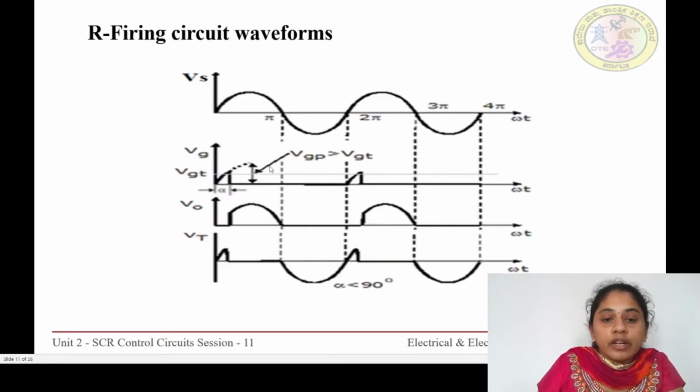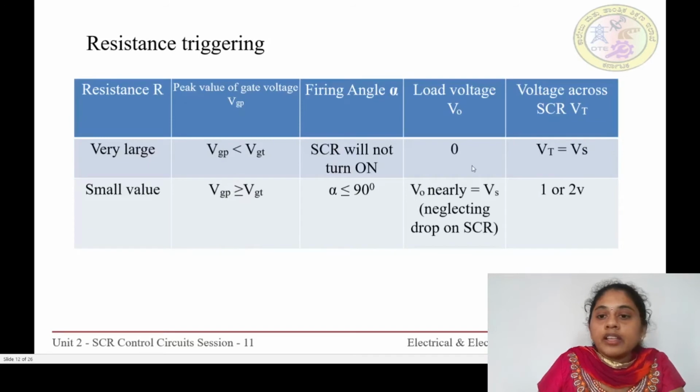If SCR is not turned on, you can see in the graph itself, the voltage across the load is 0. Yes, you guessed it right. The load voltage is 0 and voltage across the SCR Vt will be equal to the supply voltage.